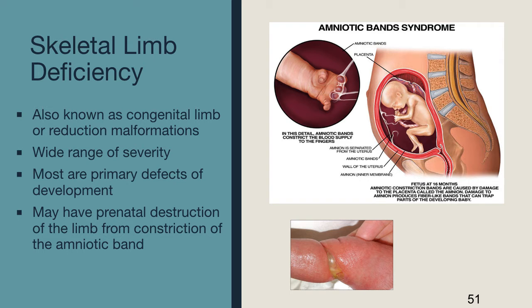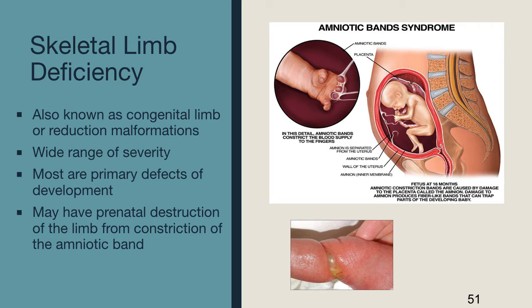The bottom picture on this slide is a picture after a baby was born. I think that that is a knee that they have their thumb on, and you can see this amniotic band just below the knee, and you can see how it can cut off the circulation. So basically what happens, just like anything else where if we have constriction on something for a long period of time, there'll be muscle atrophy and like an indentation where that is.